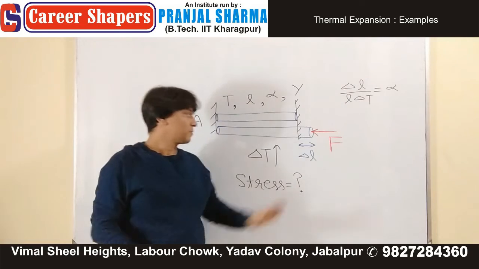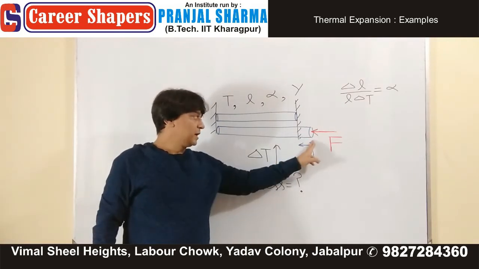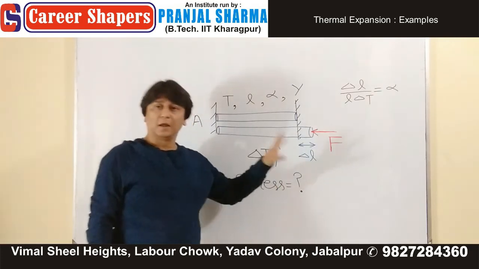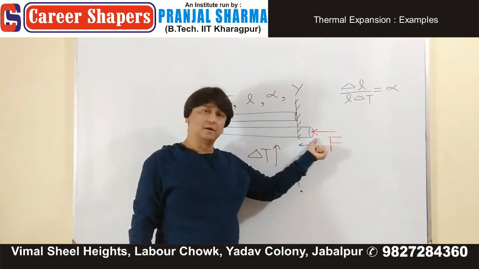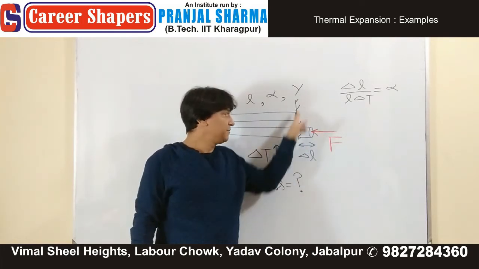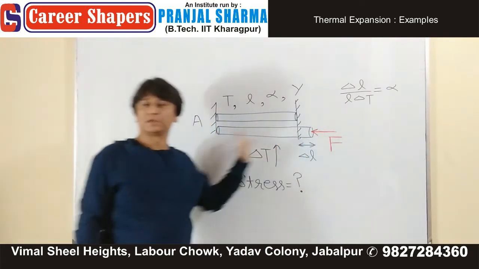So, this is the length of the rod when you have increased the temperature by delta T, and now you are pushing this end back inside so that it can easily fit between these two rigid supports.